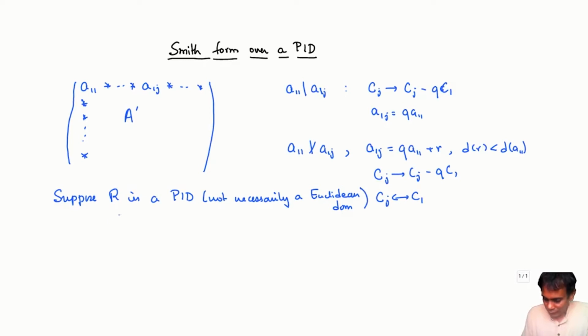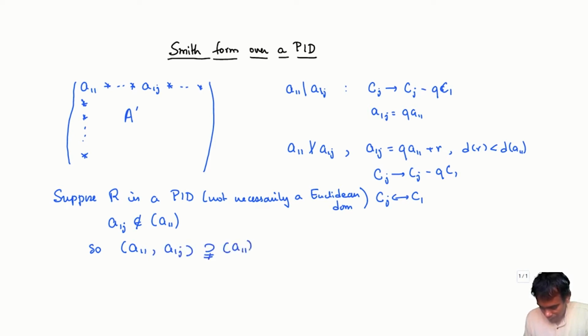So firstly, what I know is that if A11 does not divide A1j, then that means that A1j is not in the ideal generated by A11. That means that the ideal generated by A11 and A1j is strictly larger than the ideal generated by A11.